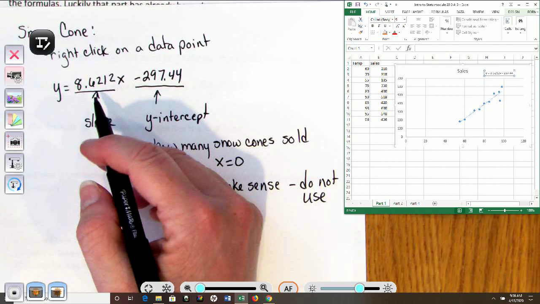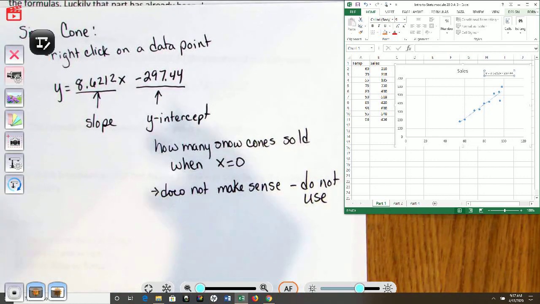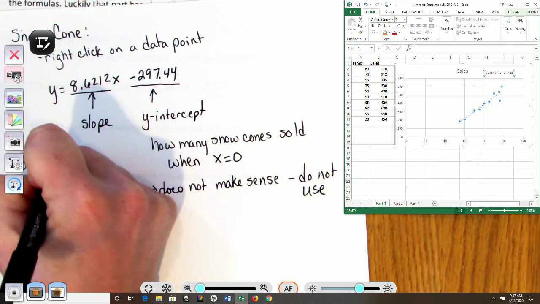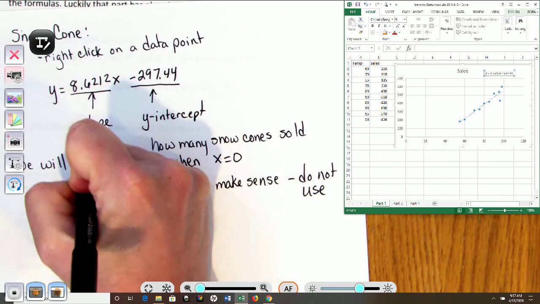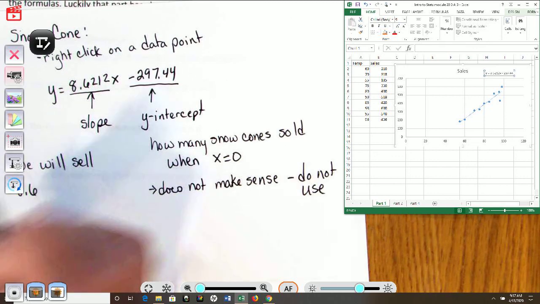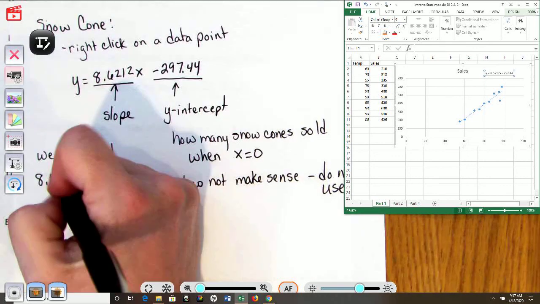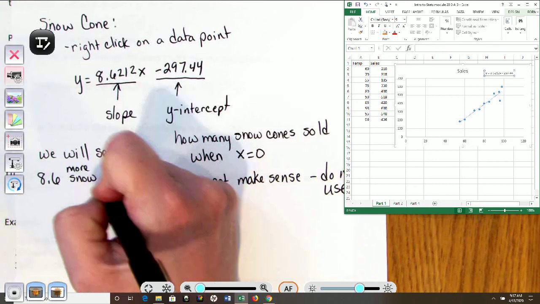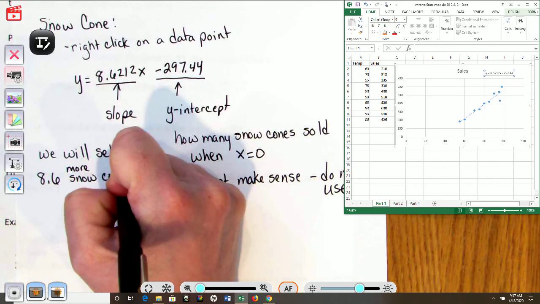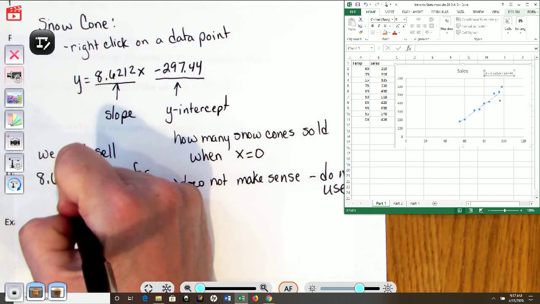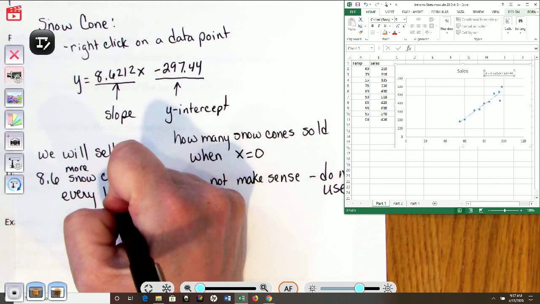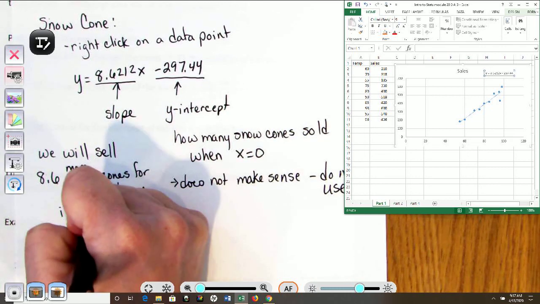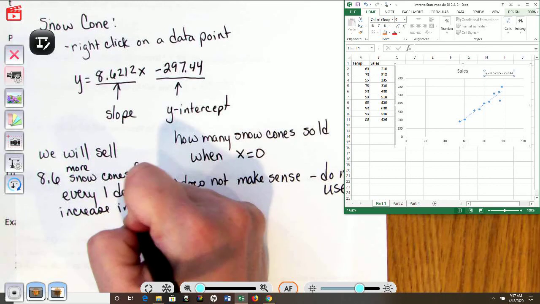This 8.6212 again tells us how steep. What that means is they will sell, and I'm just going to use the 8.6, 8.6 more snow cones, because it's positive, for every 1 degree increase in temperature.